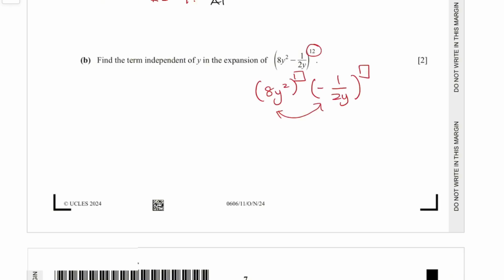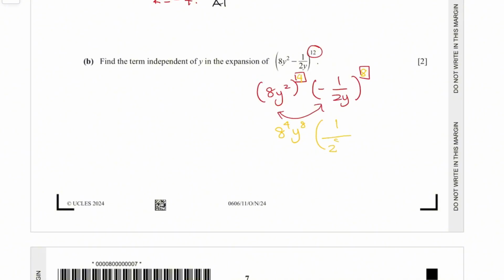Okay, what I can think of is when I have 4 over here and 8 over here. You think the same? Because in this sense, I'll be having 8 to the power of 4, and y would be to the power of 2 times 4, which is 8. And then I'm going to multiply this with negative 1 to the power of 8, that is just 1, over 2 to the power of 8, and then y to the power of 8 also. You see, my y would be cancelled off.